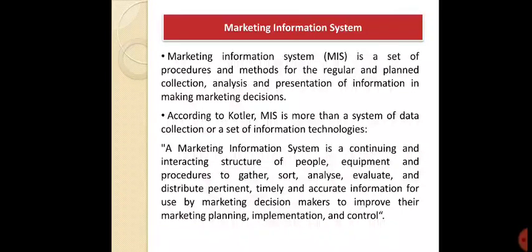A marketing information system is a continuing and interacting structure of people, equipment and procedure to gather, sort, analyze, evaluate and distribute pertinent, timely and accurate information for use by marketing decision makers to improve their marketing planning, implementation and control.